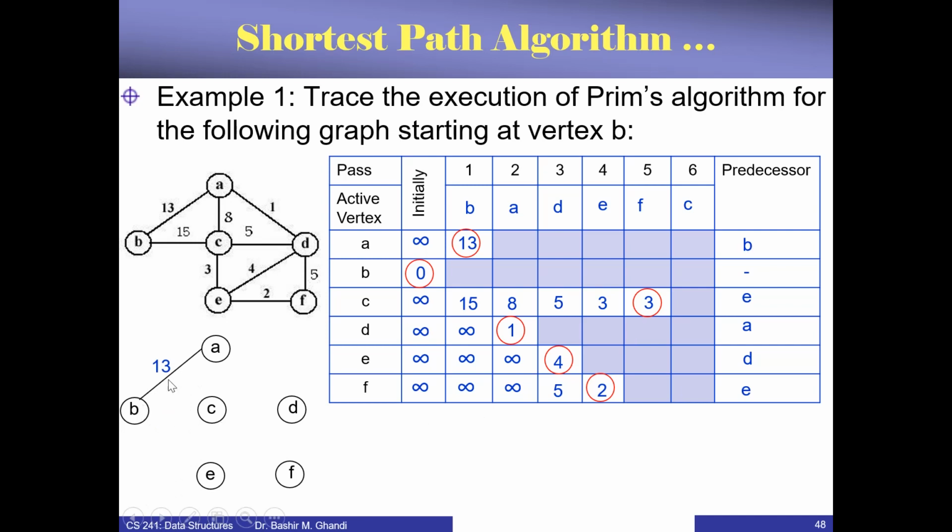BA, because the table here tells us there is an edge from predecessor to the vertex. BA with a cost of 13. 13 is one of the edges we accepted, so there is a BA.